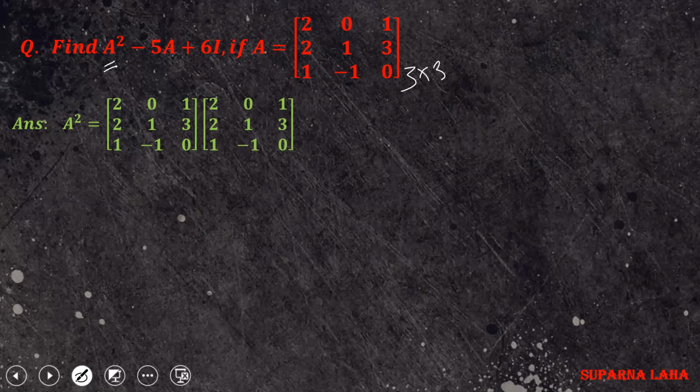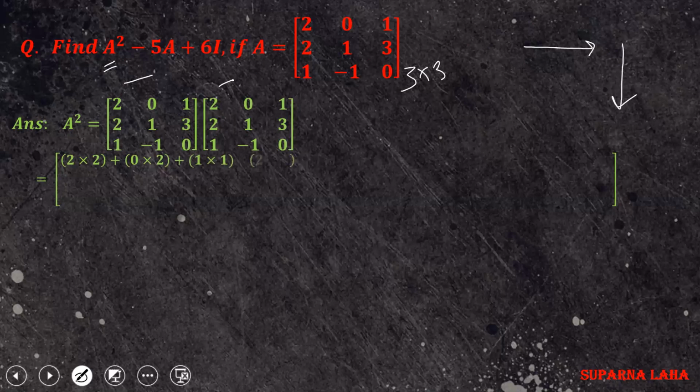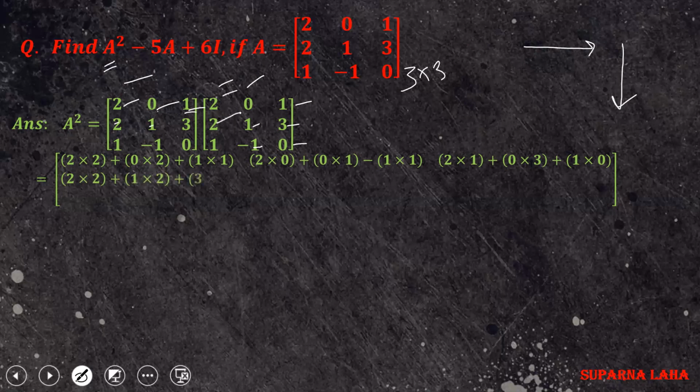So if we multiply it, that means we have to move like row with column. So multiply them. 2 into 2, 0 into 2 plus 1 into 1. Next one, 2 into 0, 0 into 1 and 1 into minus 1. Next, 2 into 1, 0 into 3, 1 into 0. So in a similar manner with the second row: 2 into 2, 1 into 2, 3 into 1.